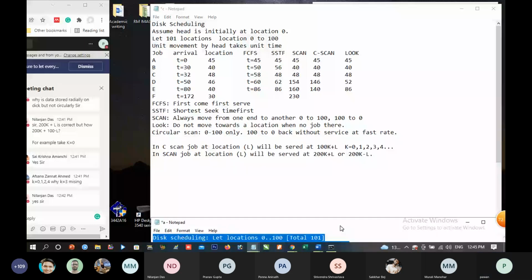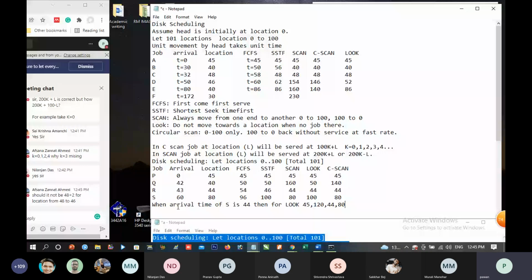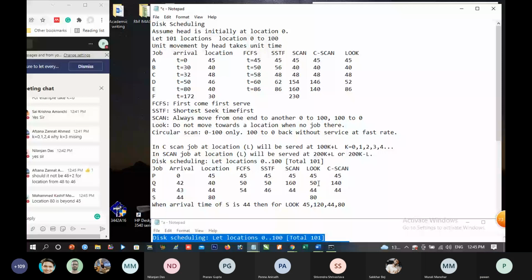Let us see this. Understand this. You see, location 80 was beyond 45, but it was not available because the arrival time was less.